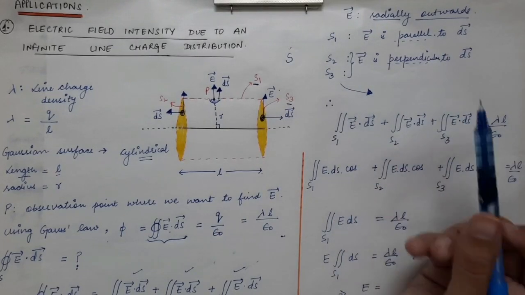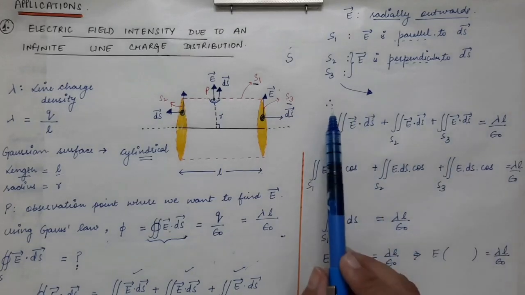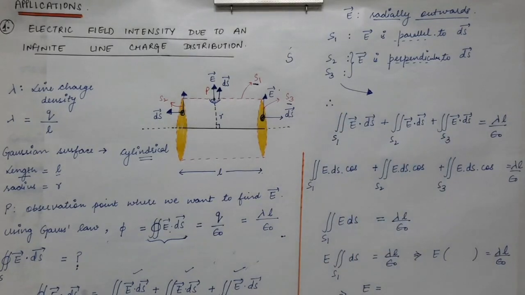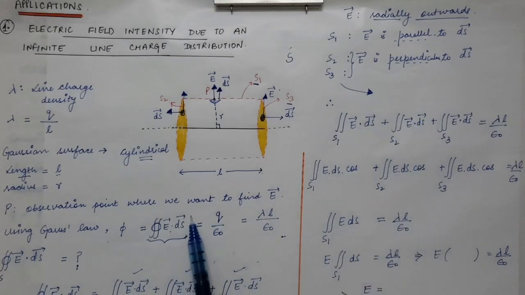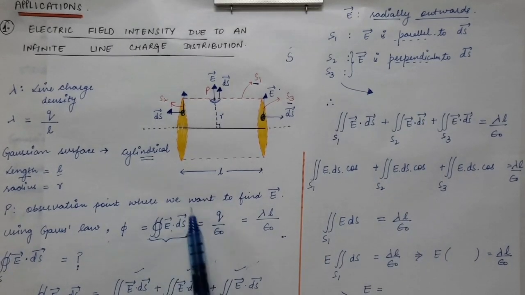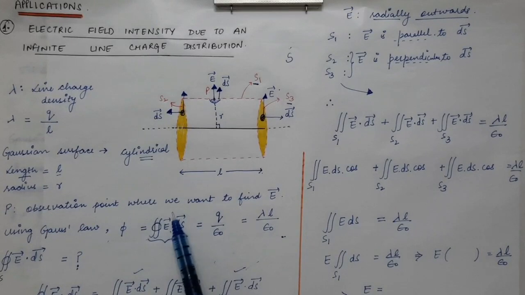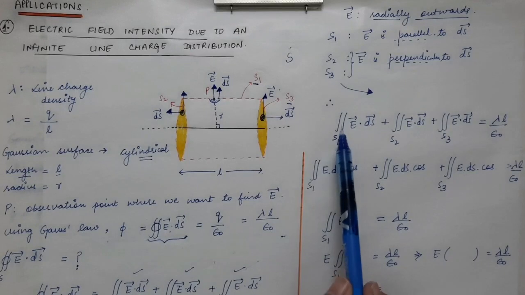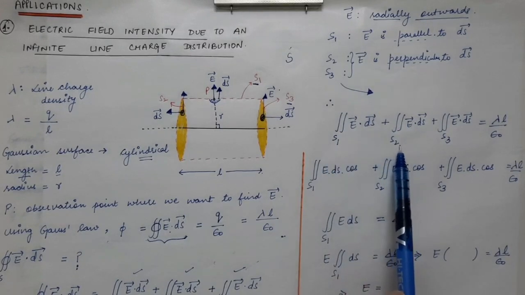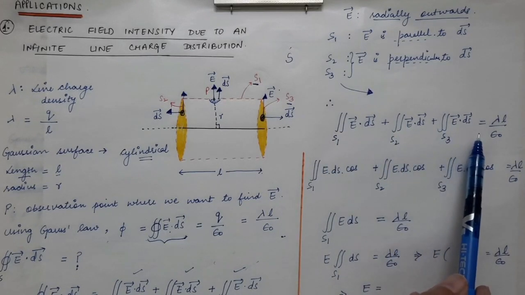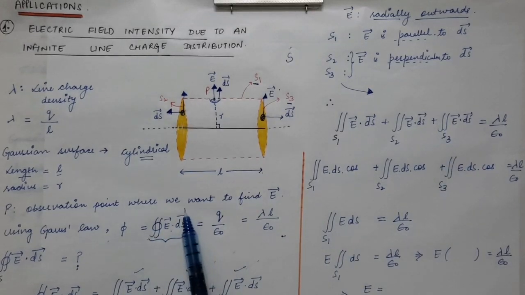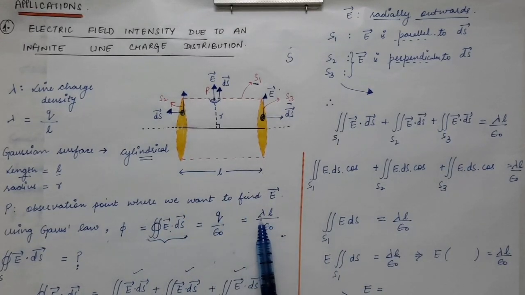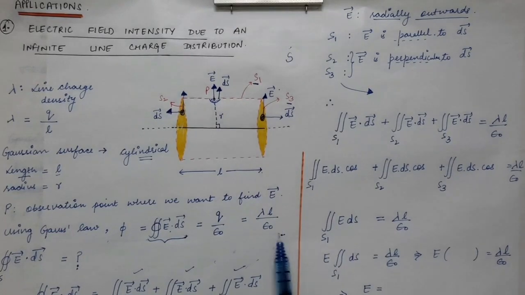Now what we had done was separate this surface integration into three open surface integrals, which we had written as the open surface integral over S1 plus the open surface integral over S2 plus the open surface integral over S3. This surface integration is equated to lambda into L divided by epsilon naught.